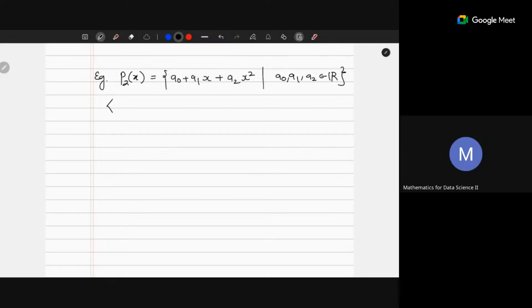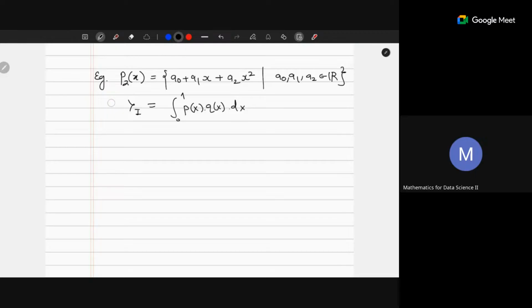All right. And how did I define it? I defined two types of inner product on this. I will be using the integration. So I defined the inner product to be the integral of p(x) times q(x) dx.